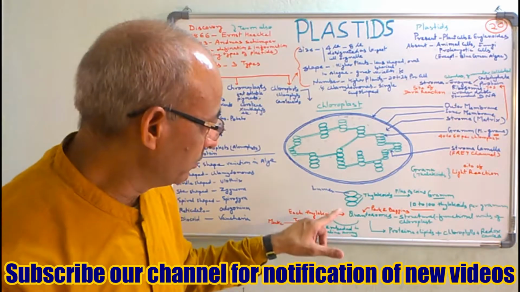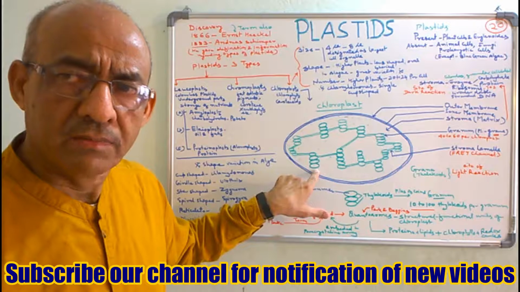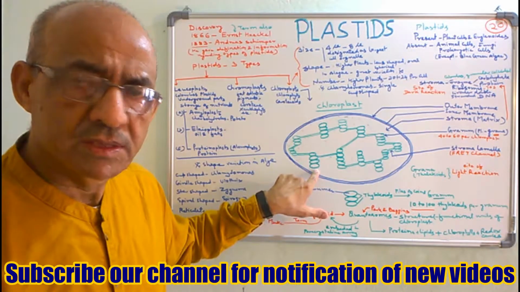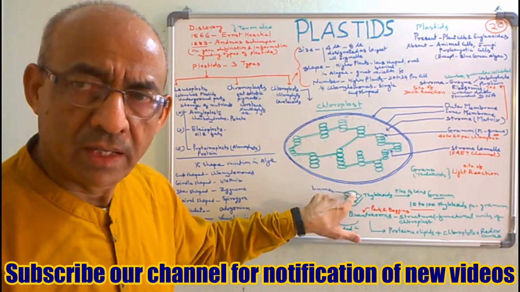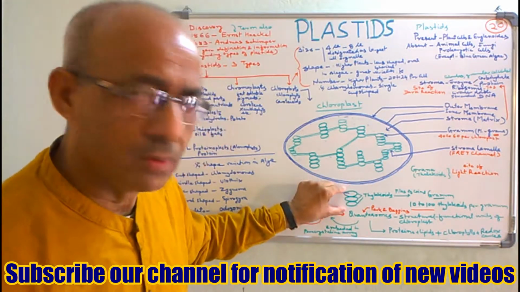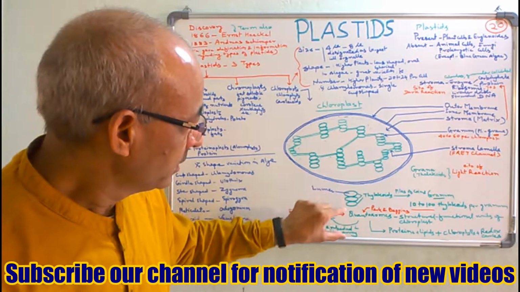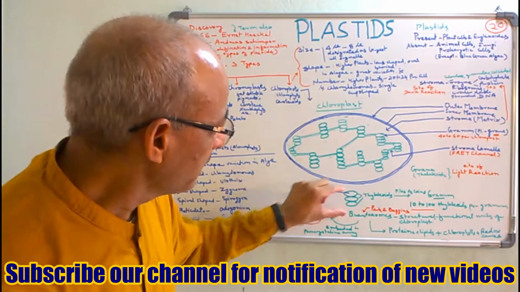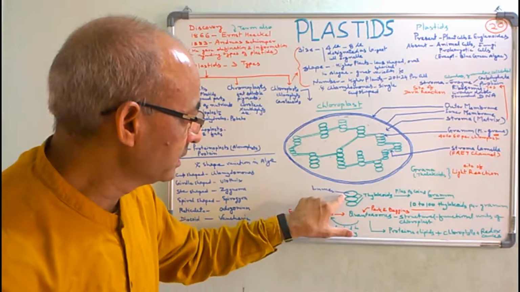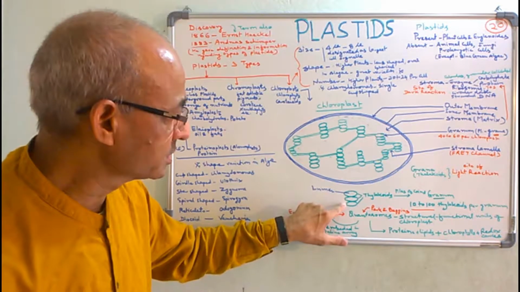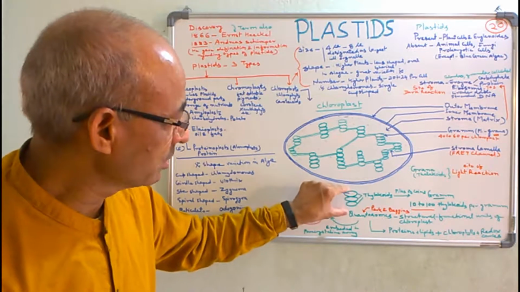As I told you, a single sac-like vesicular membranous structure, see here, is called a thylakoid. This complete group which forms a cluster, looking like piles of coins, is called grana.